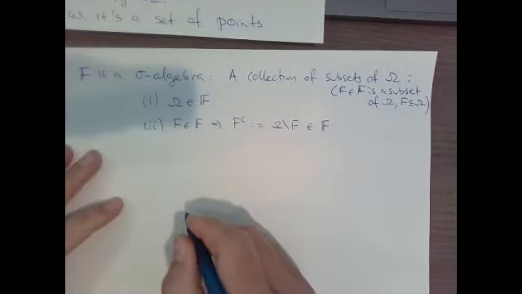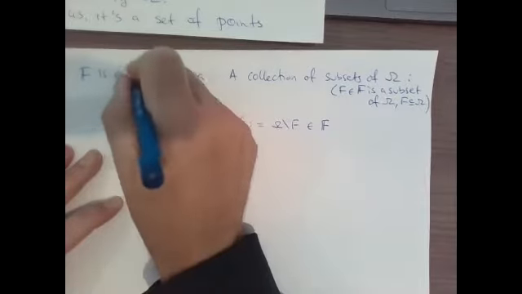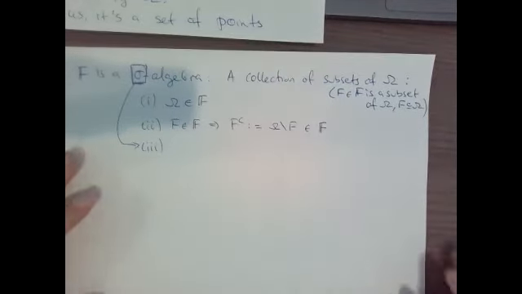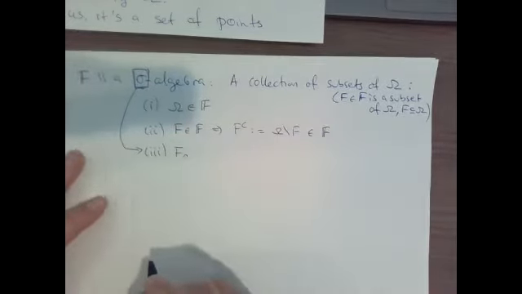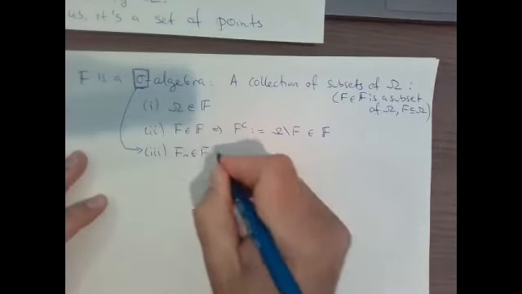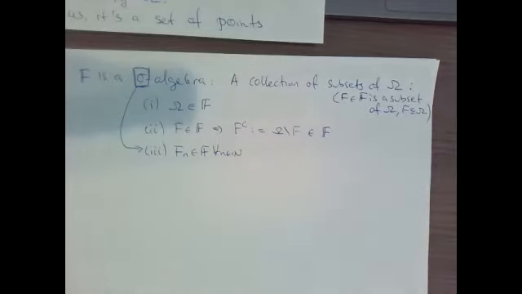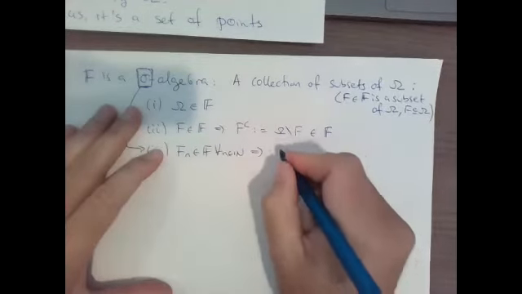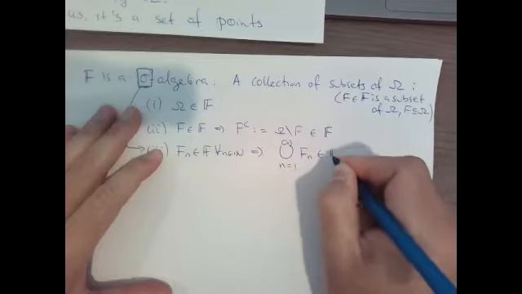The third, and the reason it is called sigma, has to do with this property. Sigma is something about countable. If I take sets Fn inside F for all natural numbers, a sequence of sets inside F, then it should also be the case that the union of all these sets is inside F.